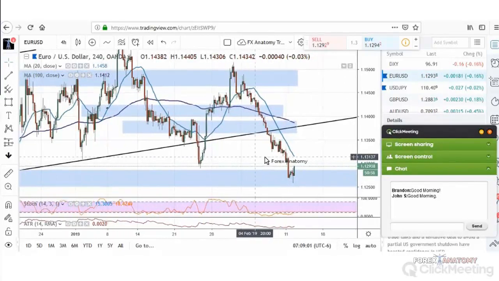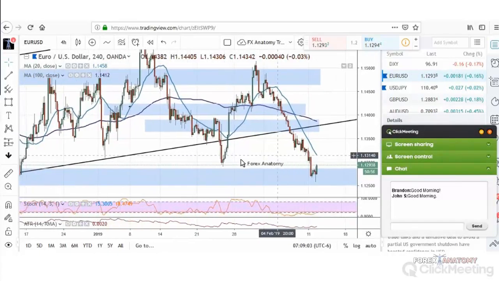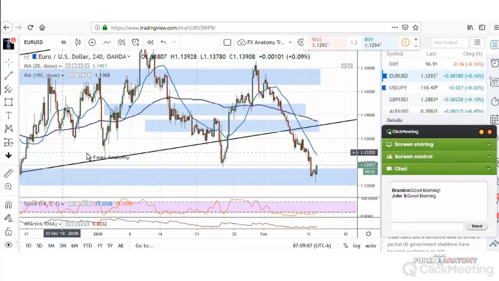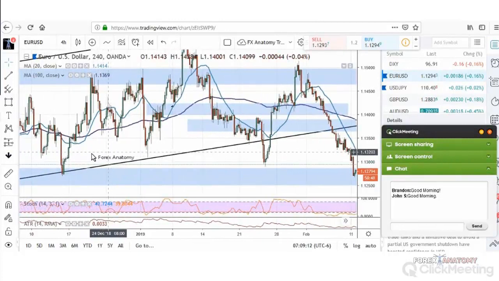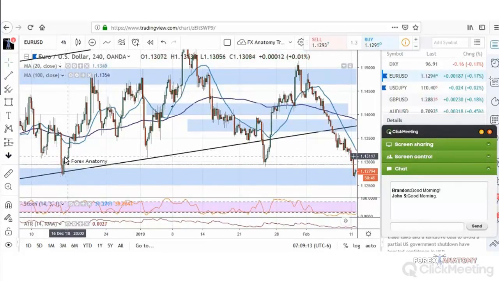But if you look at the 4-hour chart, you can see that we have this area of structure right around here. We have this area of structure right here. We have this area right here. I'm going to draw it in for you to see, and then we have this zone of structure support right here.